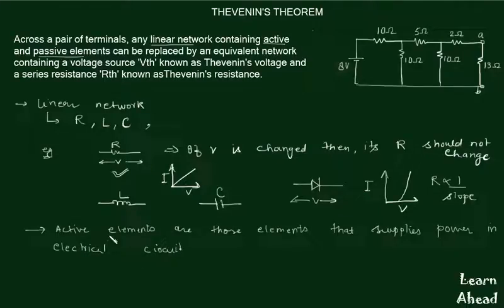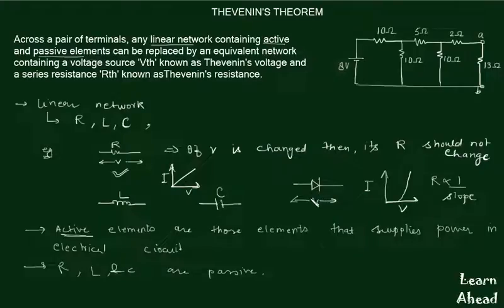That's why they are known as active elements, because they supply electrical energy to the circuit. And the third term is passive elements. Passive elements are those elements that consume or store energy. So all three elements R, L, and C are passive elements. Diode is also a passive element because it consumes energy. But diode is not a linear element.